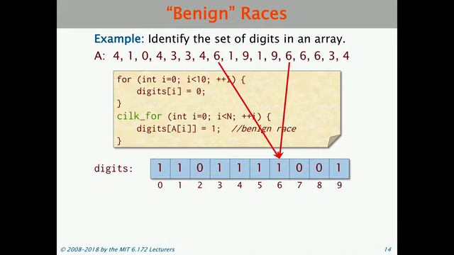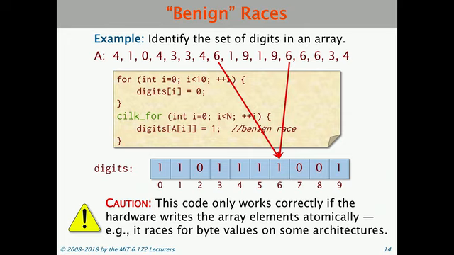Well, not exactly. We might get one on some architectures. On the Intel architectures, you won't get an incorrect value on x86. But there are codes where the array elements are not set atomically.